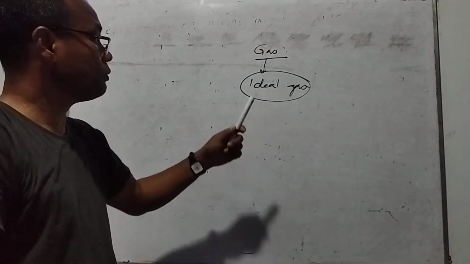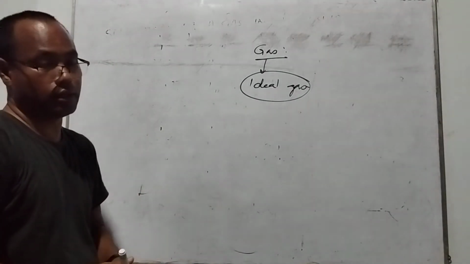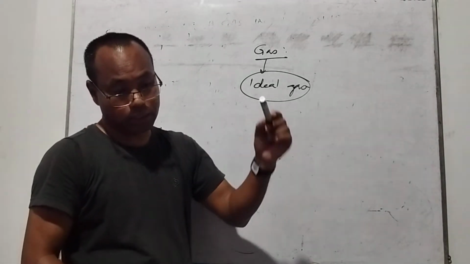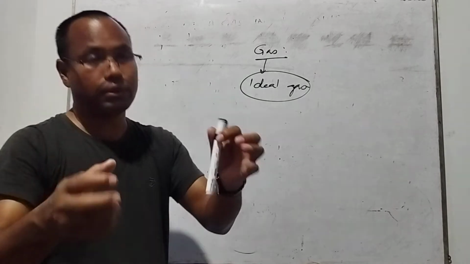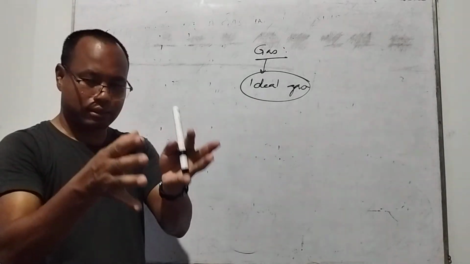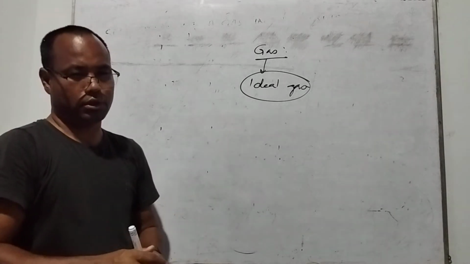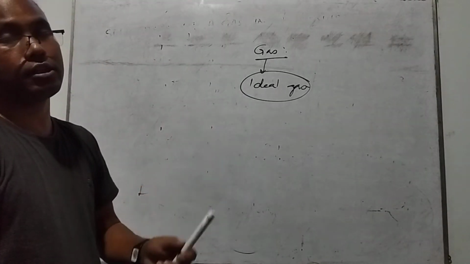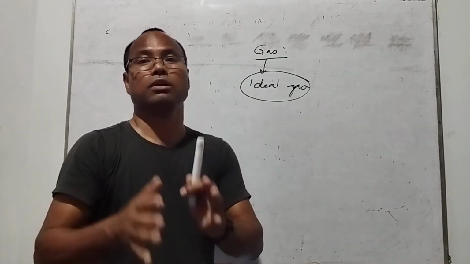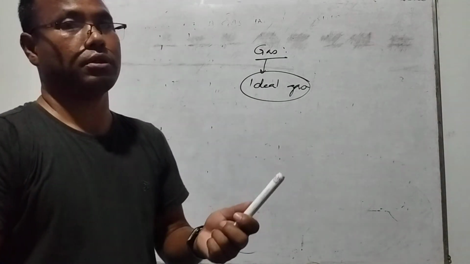That type of gas we call an ideal gas. So when such a gas is dissolved into a particular liquid, the gas should remain gas in the liquid. That means Henry's law is obeyed only if the gas does not interact with the liquid, right?